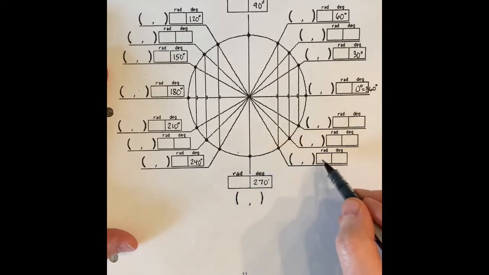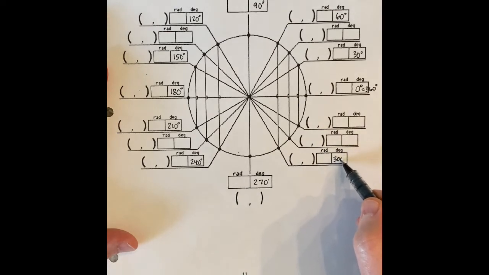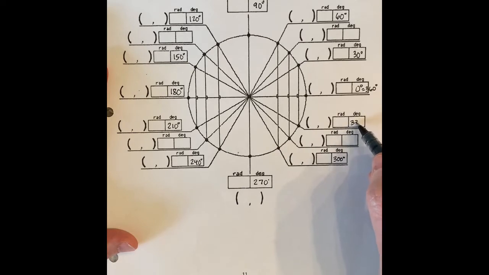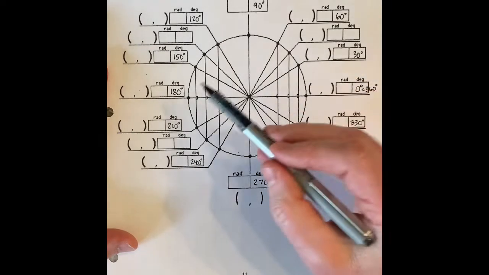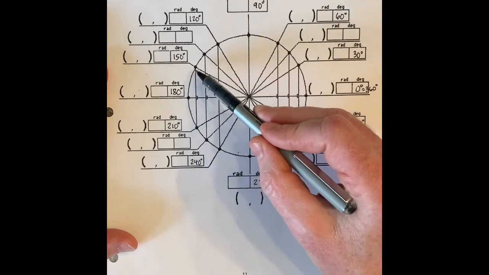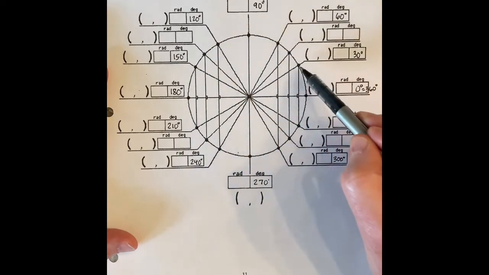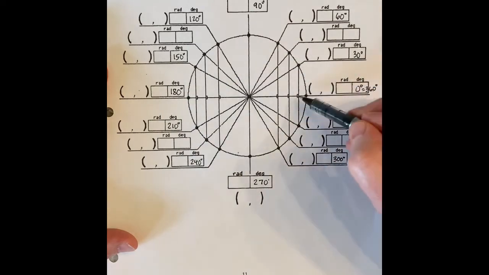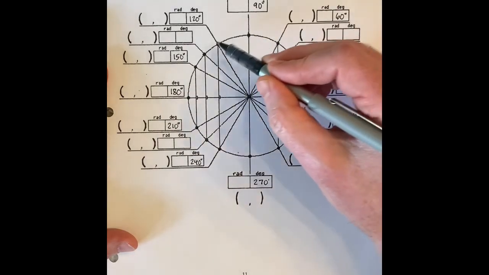Another 30 becomes a 300, and then another 30 becomes a 330, and then another 30 brings me back to 360 and where the original 0 is located. And again, that's breaking 180 into 6 parts. 1, 2, 3, 4, 5, 6. 180 divided by 6 is 30, and that's why I began with 30-degree increments there.